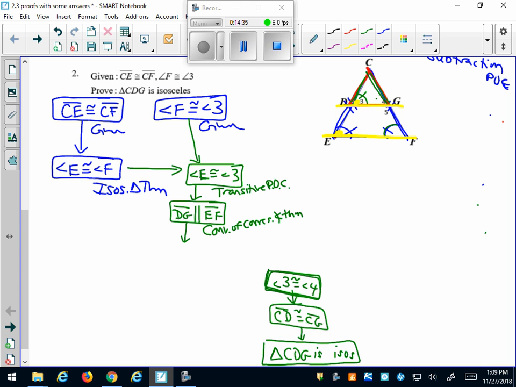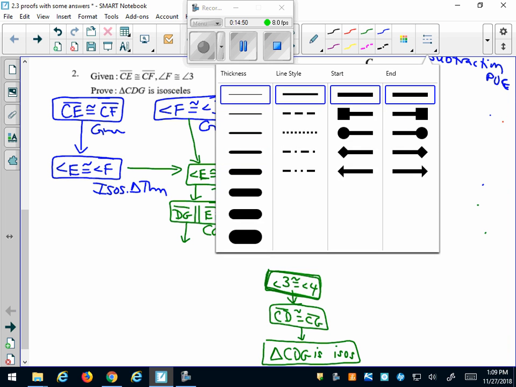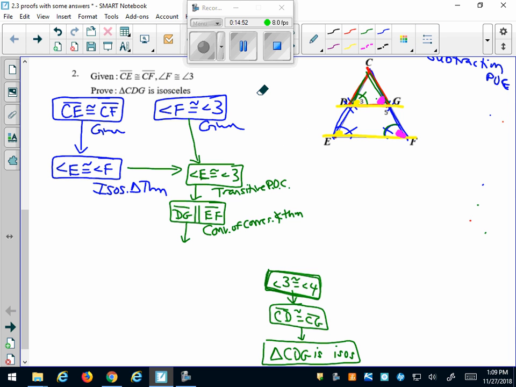Well, if DG is parallel to EF, now we can say these other two angles are congruent. By what reason? Corresponding angles theorem, right. So angle 4 is congruent to angle F. Corresponding angles theorem, since we've established that the lines are parallel.